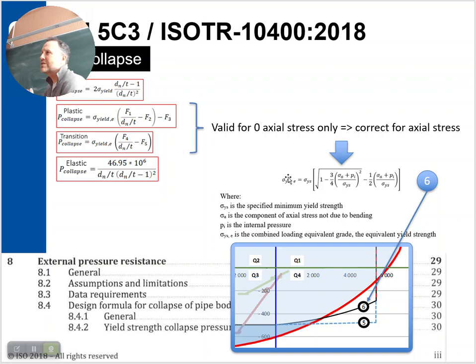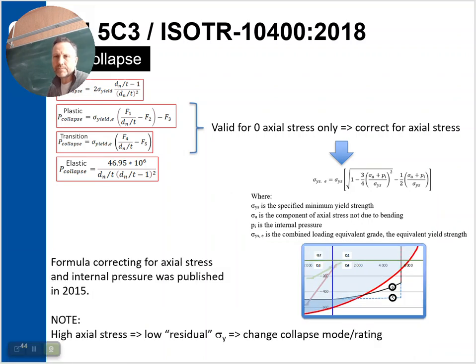It compensates for some axial stress, which in effect makes a curved line. The more axial stress you have, the more it curves. And again, it should never be below the von Mises.